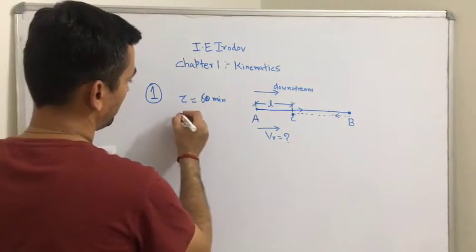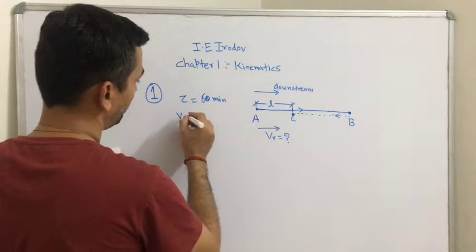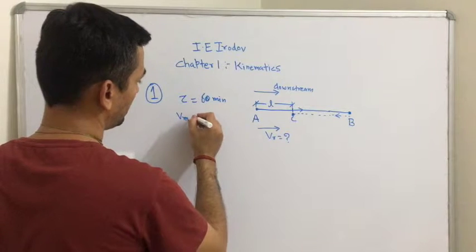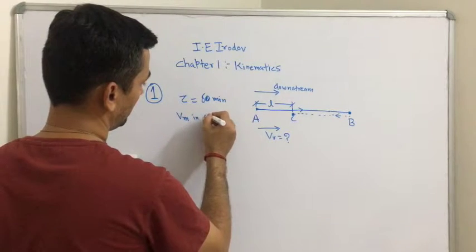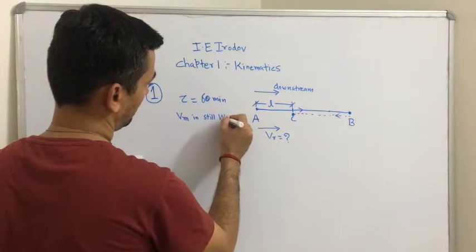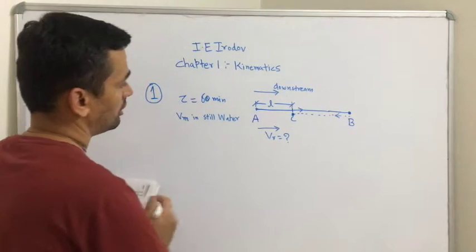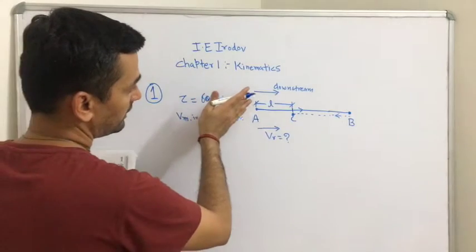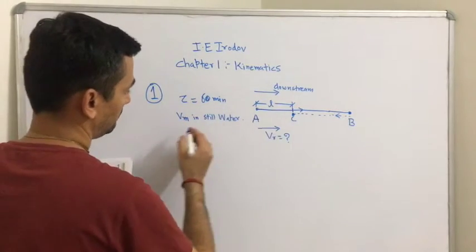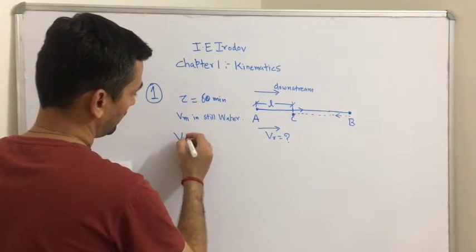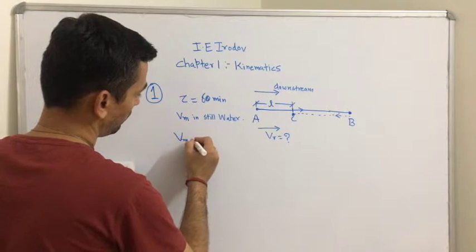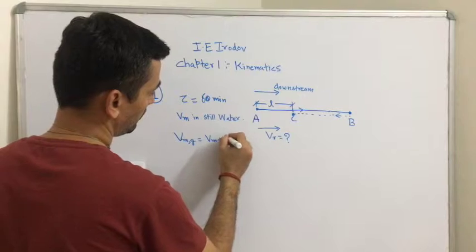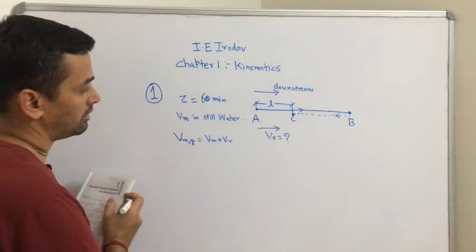Let us assume the velocity of the motorboat to be Vm in still water. Now, when it goes downstream, the velocity of the motorboat with respect to ground becomes Vm plus Vr.